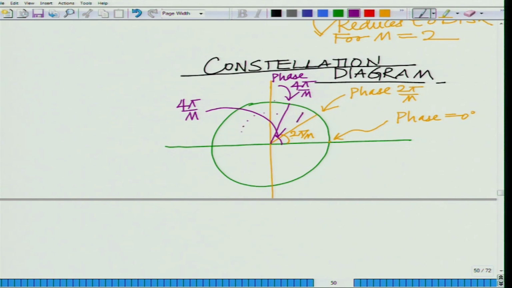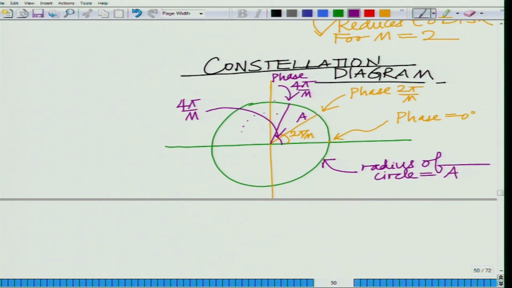And the radius of the circle equals A. These are the constellation points.